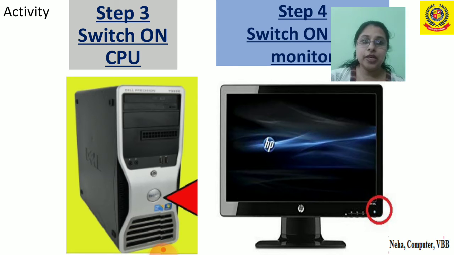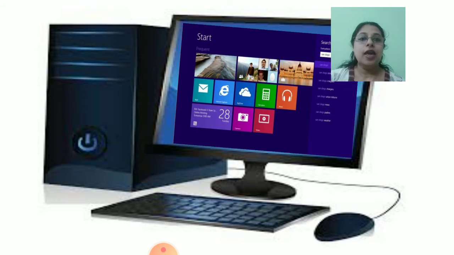There is a button on the CPU. And then you have to switch on the monitor button. There's a small button at the bottom of the monitor screen. You have to press that, and then wait for a while. Yes, and then our computer system is ready to work.